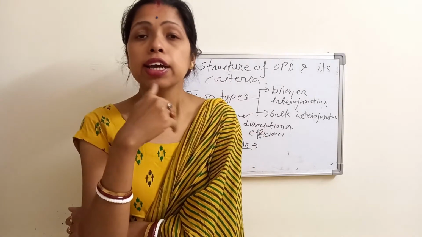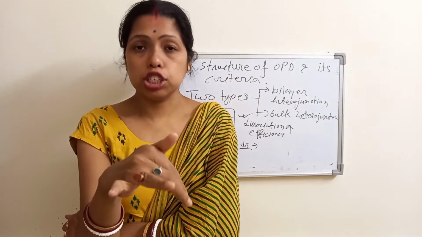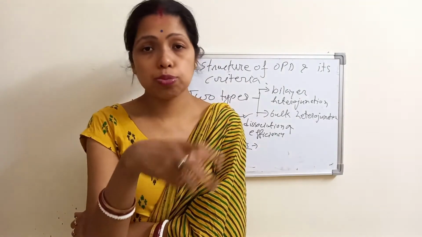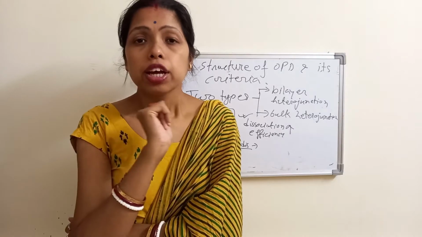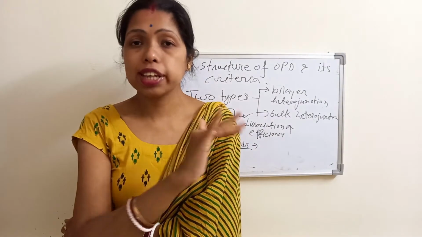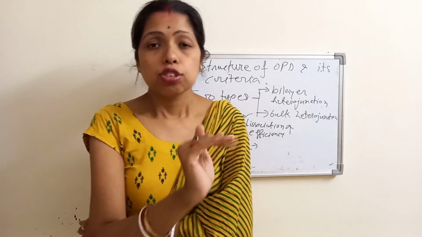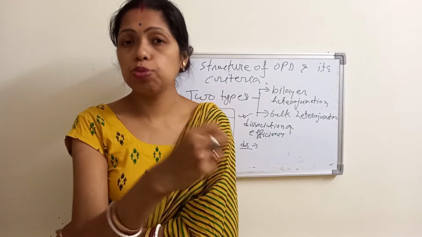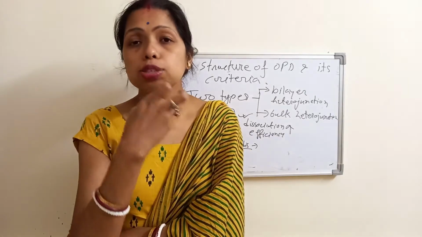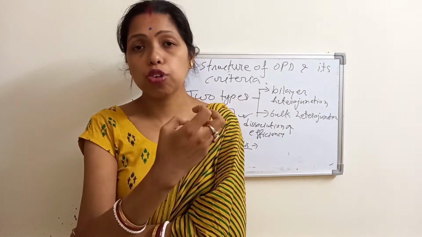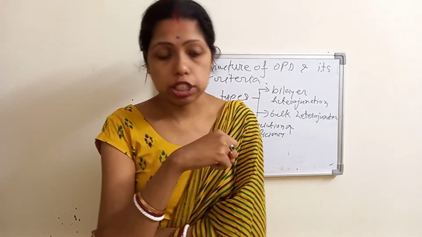Only one layer is required for deposition, because first we intermix both materials, and after that we deposit this solid mixed layer over the substrate or ITO coated substrate. So the polymer material is suitable for the bulk heterojunction, and the small molecule material is suitable for the bilayer heterojunction. This is about the types of junction.